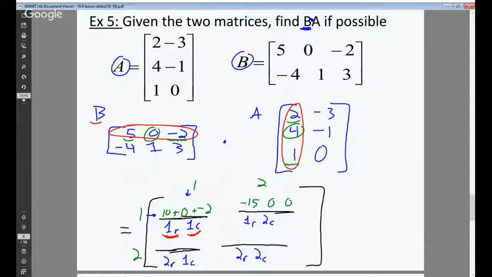And then for second row, first column, that'll give me -8, 4, and 3 to add those together. And then second row, second column, that'll give me 12, and then -1, and then 0.